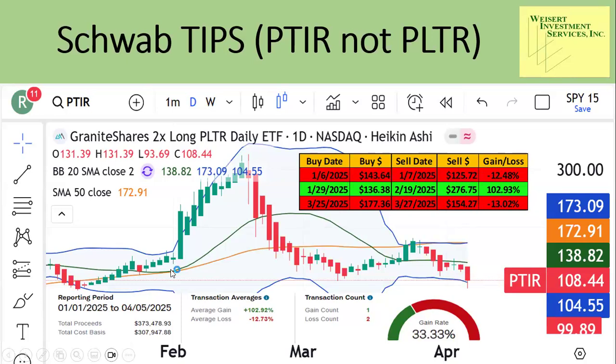I'd rather let the returns run and cut my losses short instead of having a 100% loss or anything like that, which would be detrimental. So here at the bottom, transaction averages, 3 of them, one for 103%, and the average of those 2 losses up there is 12.73.